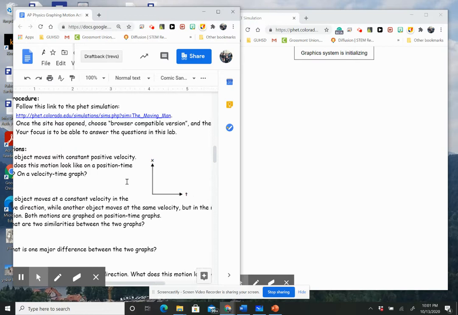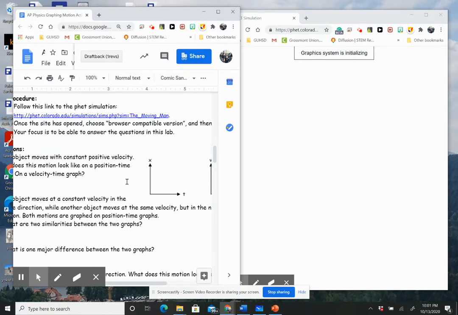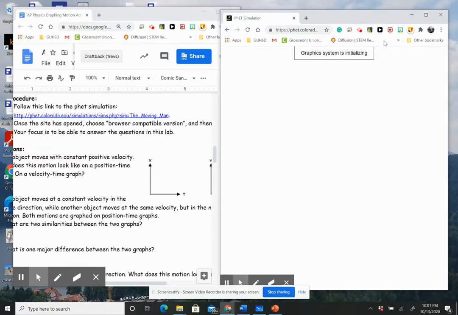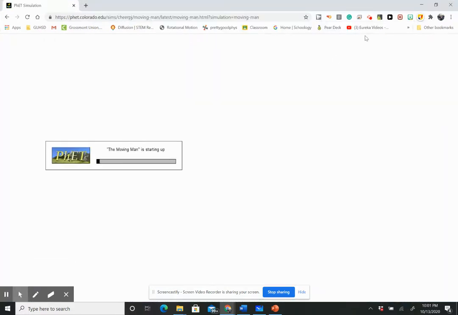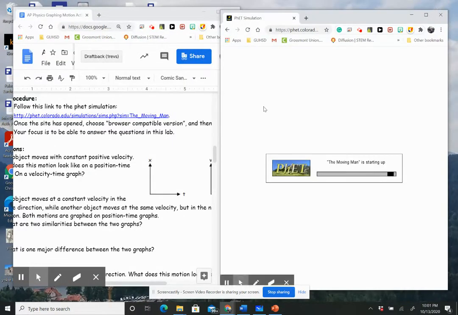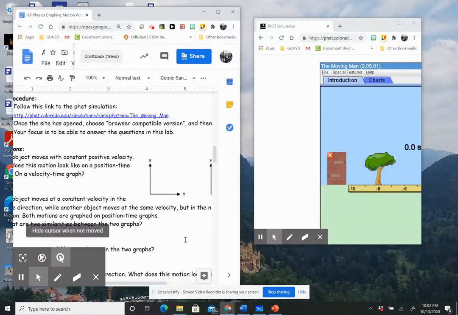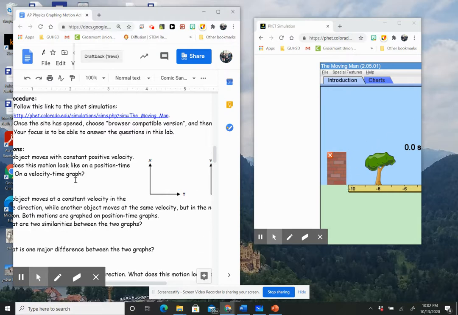So in this lab activity, you're going to have this moving person, and you're going to be able to move that person in a positive direction. So positive velocity. Okay, so here is my moving man graph, and it says an object moves with constant positive velocity.